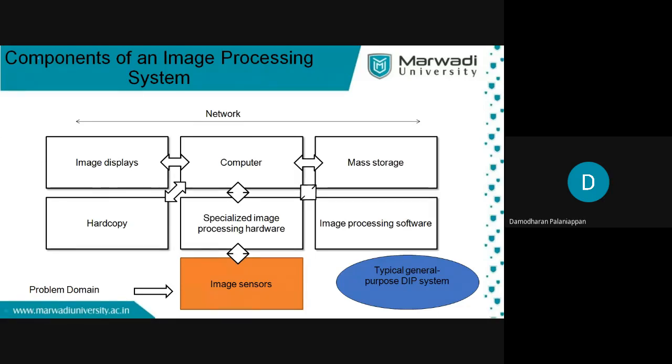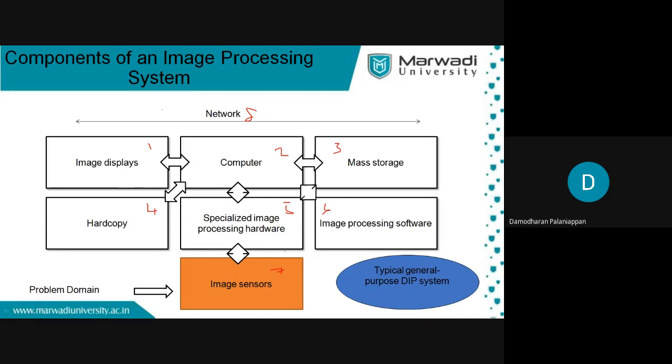Here we can see there are 1, 2, 3, 4, 5, 6, 7, and 8 components, including network. So it is a system; the system consists of 8 components. The first component is the image sensor, where the image can be captured.